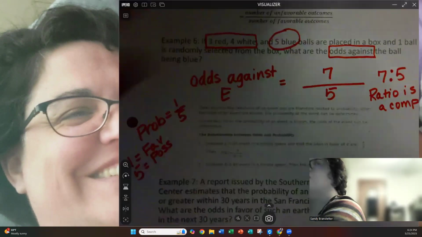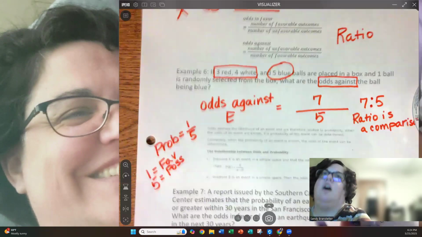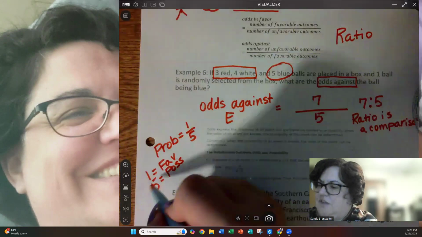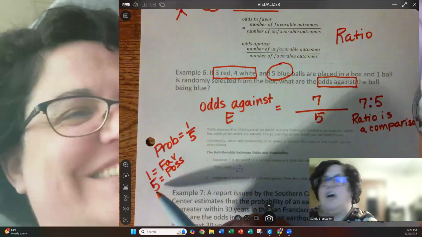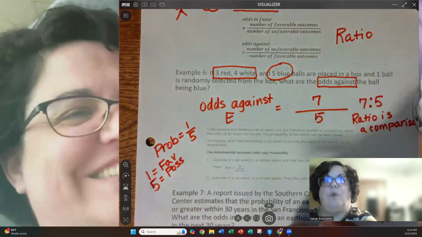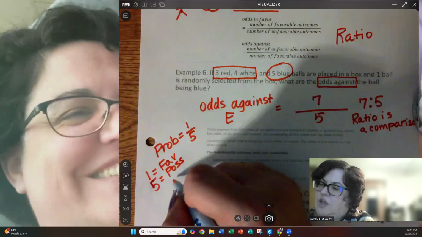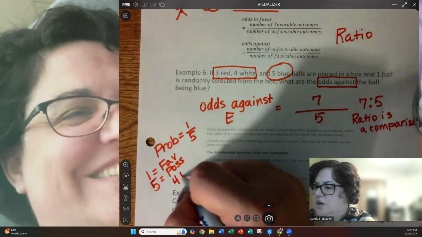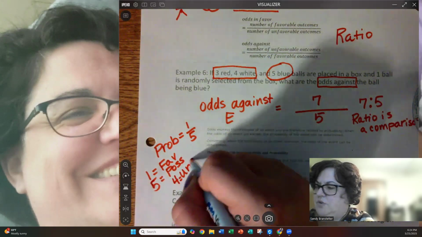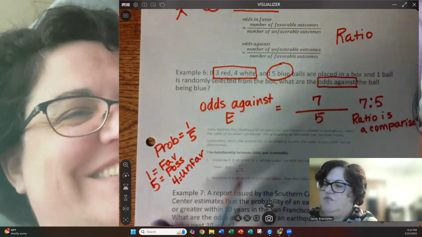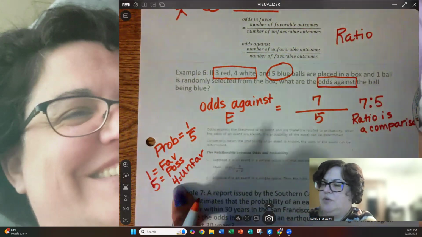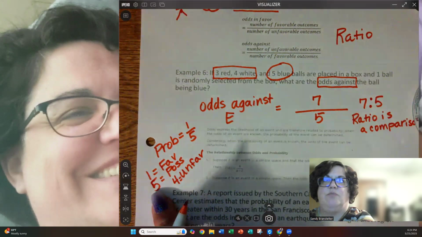So if we want to convert this to odds, then we have to think about what that means. There's 5 total. 1 are what we want, or favorable. And that means that 4 would be unfavorable, because favorable plus unfavorable have to total the possible.